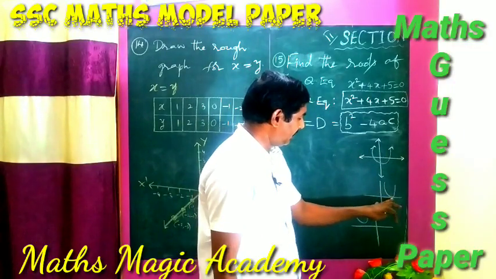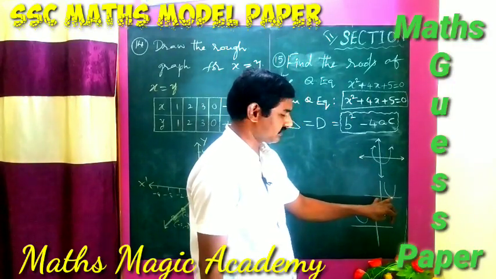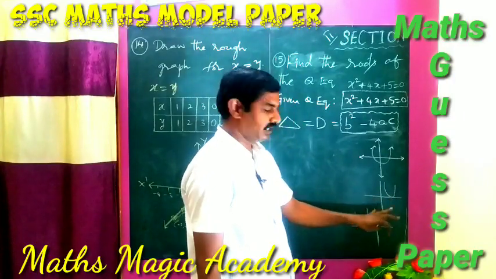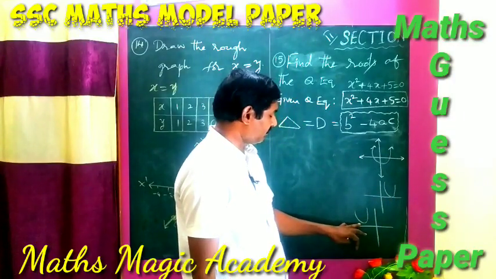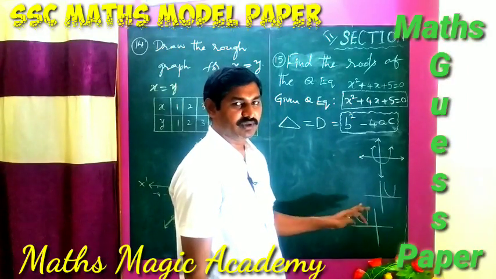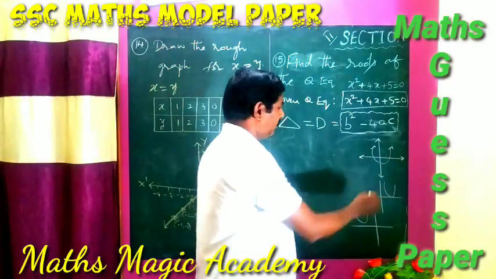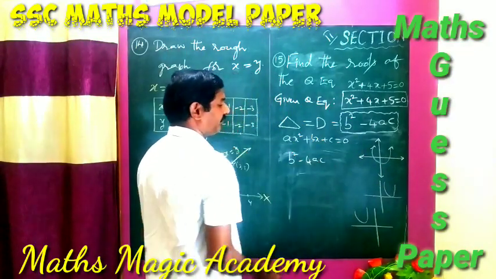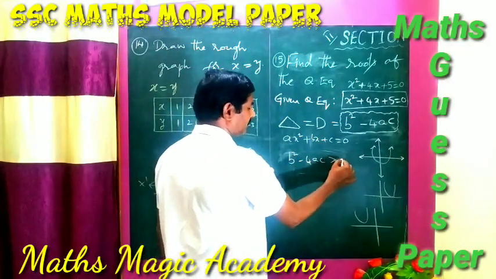And here see, it touches the x-axis. It means it is having only one root. And now you can observe in this graph, it doesn't touch the x-axis. That means here there are no real roots. So in this case, b square minus 4ac is greater than 0.